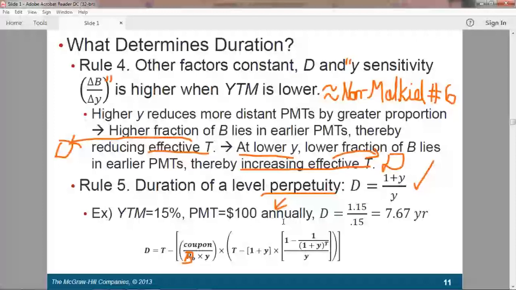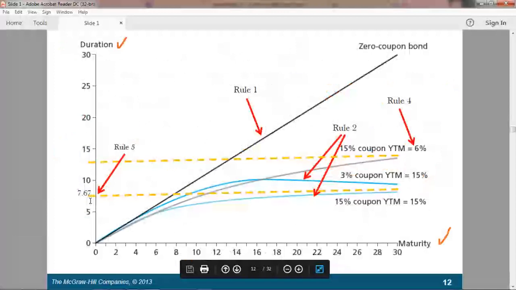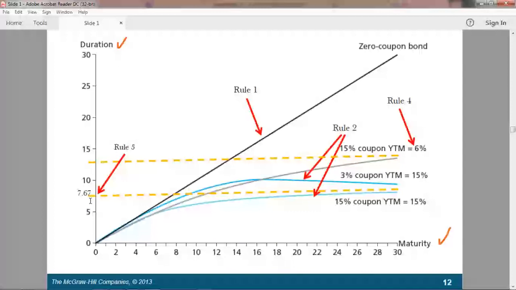When we price it, it's going to be 100 over 0.15. But in duration, 1.15 over 0.15 comes to 7.67 years. So here, 7.67 is the duration of the perpetuity. It goes on forever.